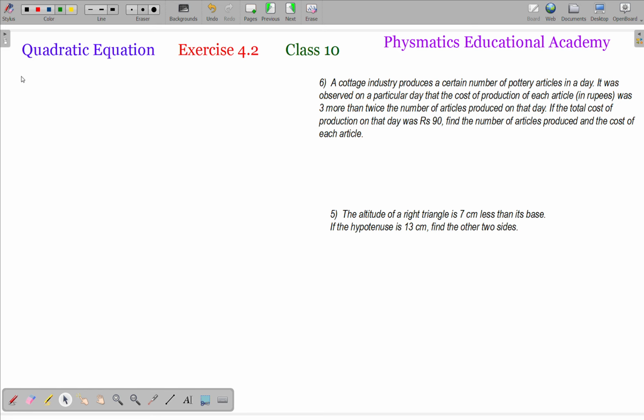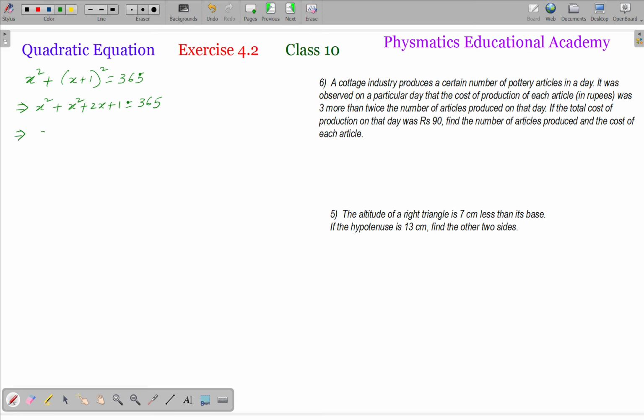According to the question, we write once again here, x square plus x plus 1 whole square is equal to 365. That implies x square plus x square plus 2x plus 1 is equal to 365.